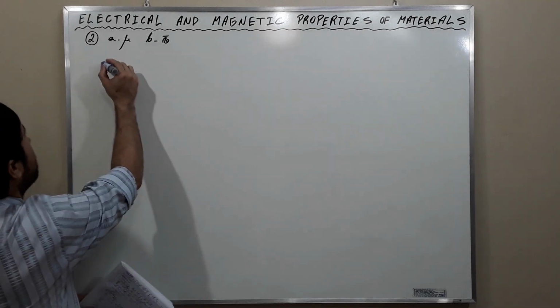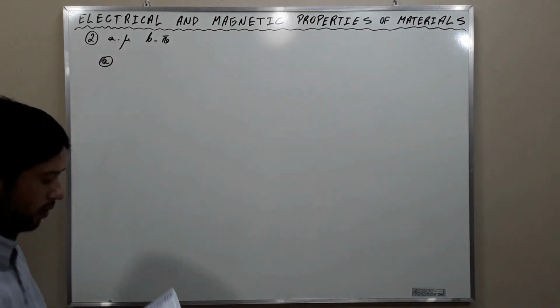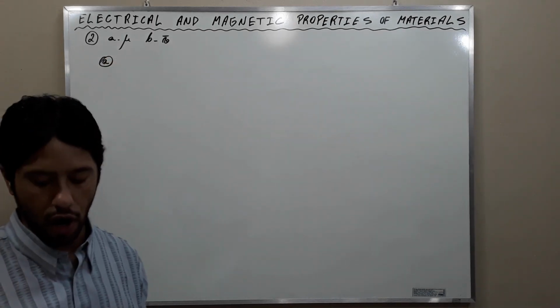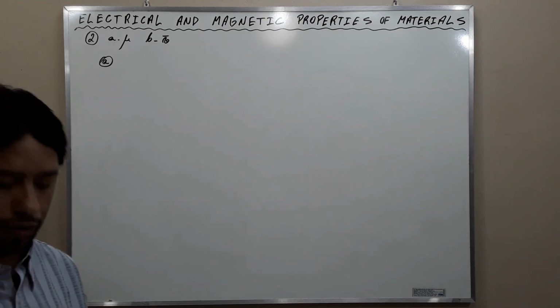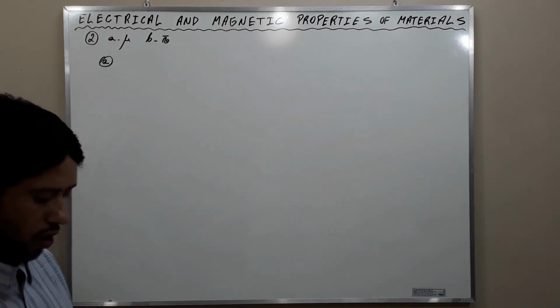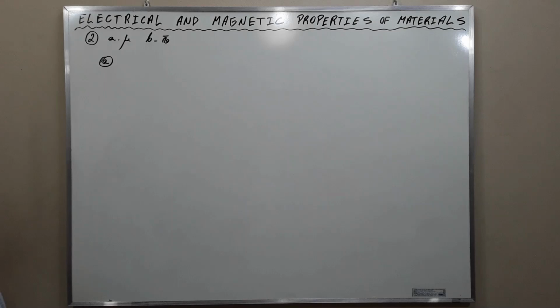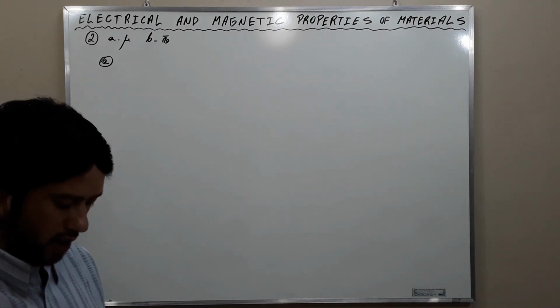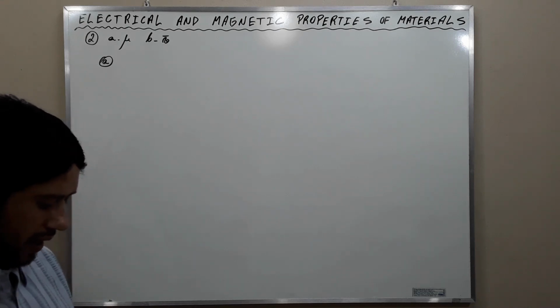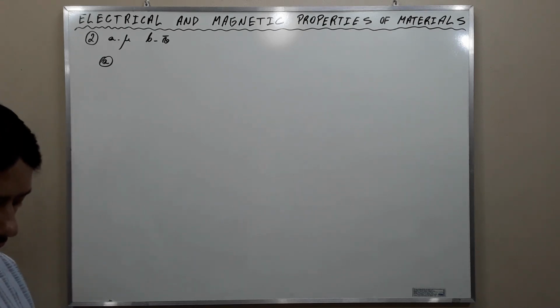Letter A. The valence of copper is 1. Consequently, the number of valence electrons equals the number of copper atoms in the material. Note, a valence of 1 means that copper has 1 electron in its valence shell.